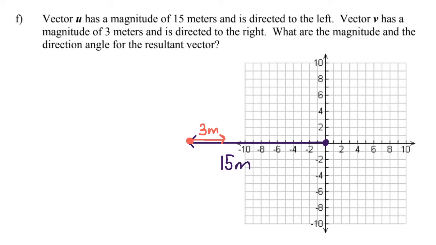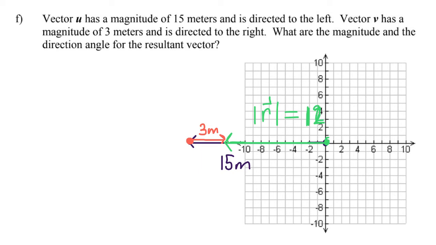Well, how strange is this? It would start where this one started, and it's going to stop where this one stopped, so it's going to be this region here. What would be the magnitude of that resultant vector? Since it is a distance, it's just going to be 15 minus 3, or 12.